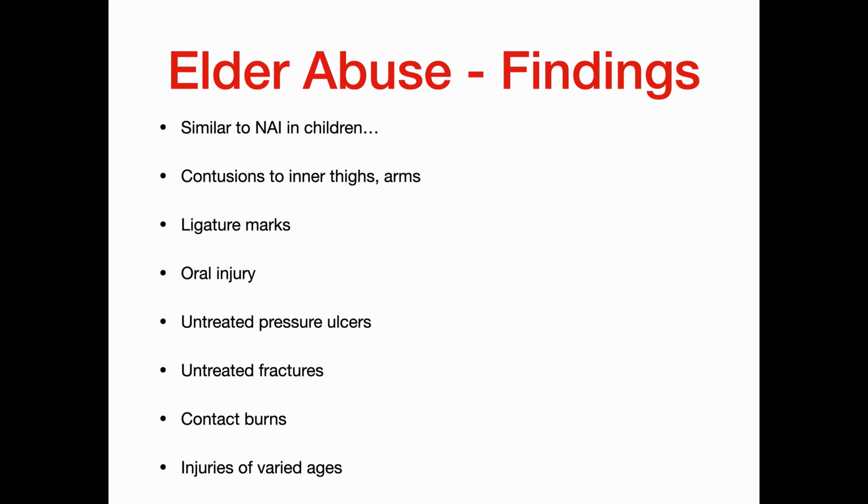And the findings are pretty much the same in terms of what you look for. So contusions in areas that should not be contused, ligature marks, oral injuries without face planting, untreated pressure sores, untreated fractures, injuries of various ages, and contact burns.